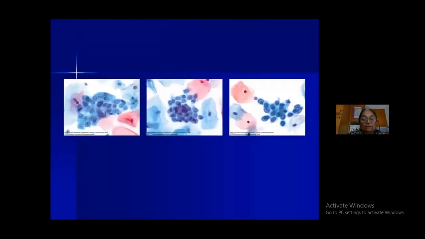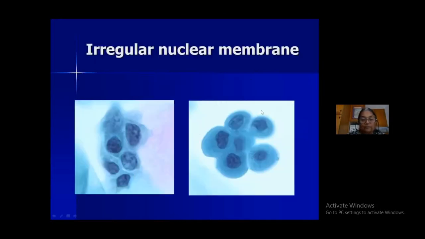Crowded cell groups: these are all crowded. Some are negative, some are abnormal or cancer. These are negative reactive metaplastic and normal endometrial cells, while this is HSIL, abnormal.